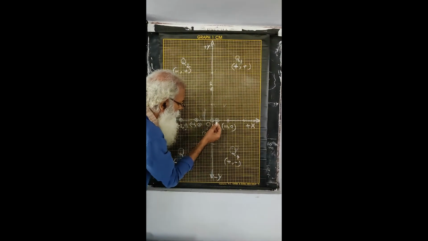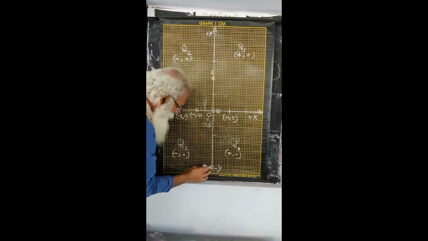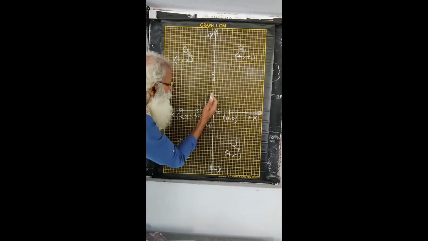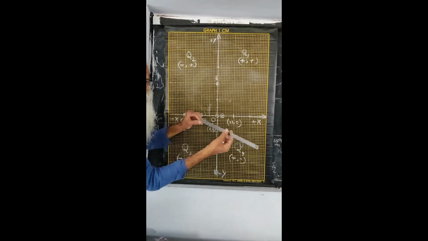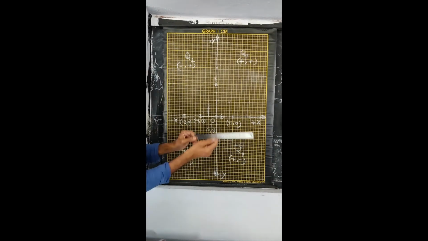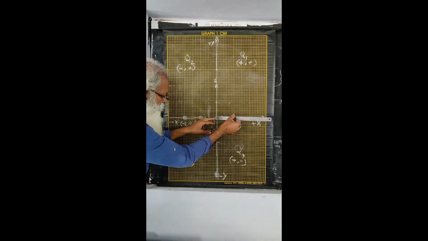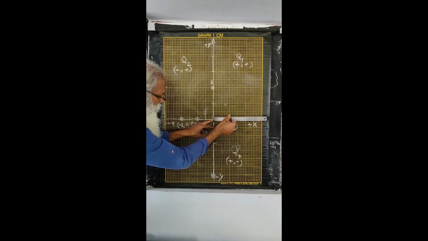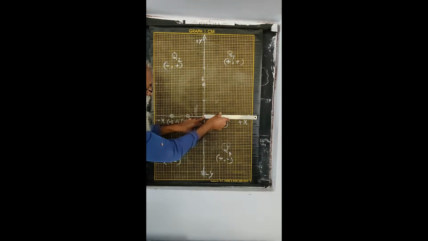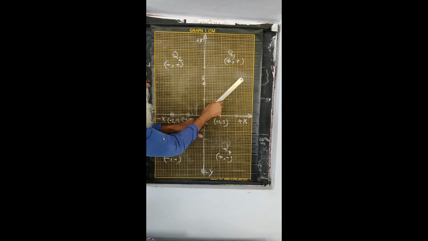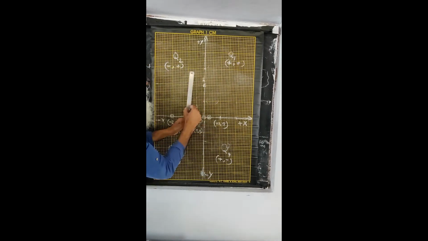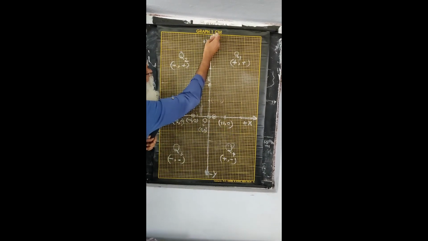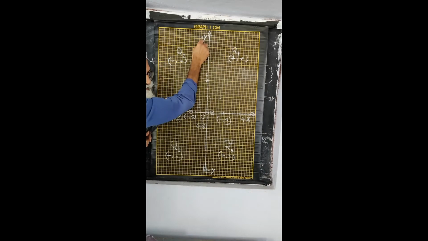And then for the y-axis, this is our arrow, this is the base of the arrow. We put the base of the arrow somewhere here and turn it in the anti-clockwise direction exactly by 90 degrees. So in that direction we draw a straight line, put an arrow up, and that is called positive y.